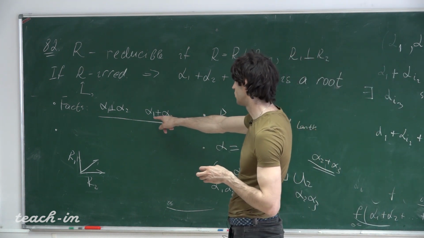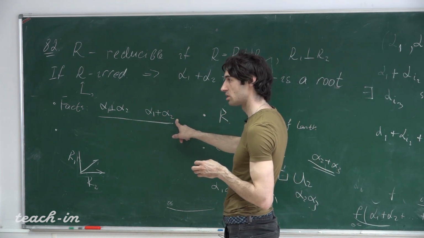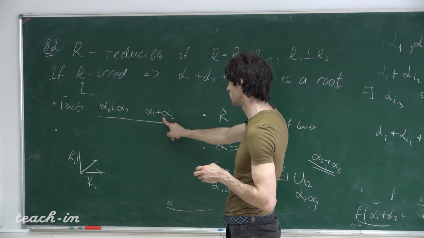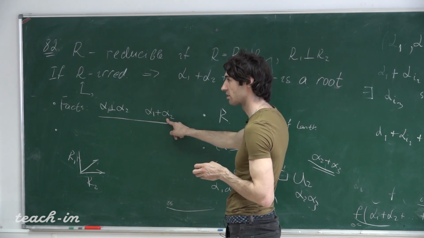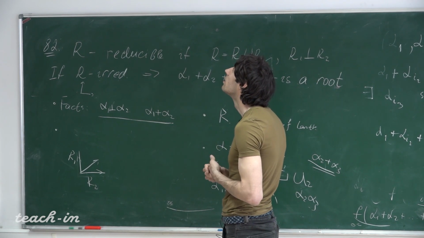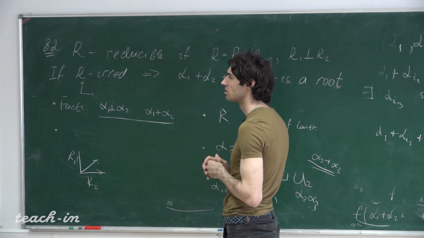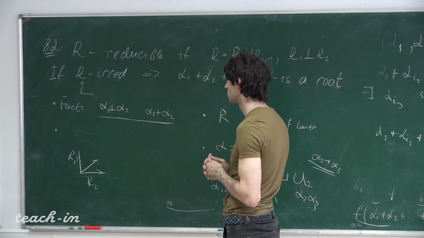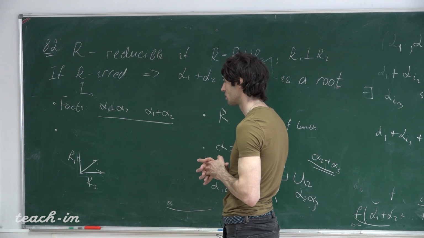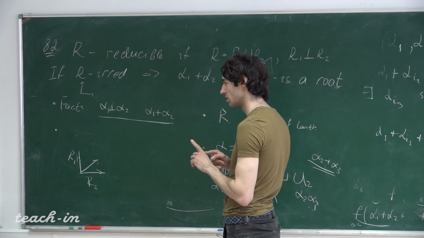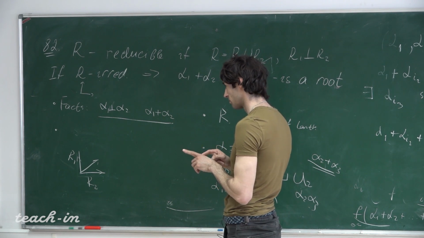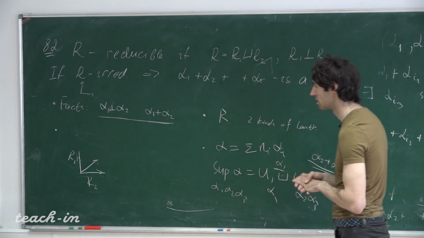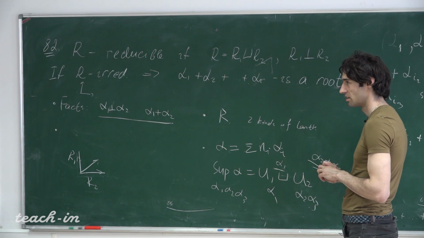So if I have alpha 1 and alpha 2, which are orthogonal, your fact actually includes that alpha 1 should be of the same length as alpha 2, right? Maybe you don't even need this. Is it true that we can reduce this condition that they should be of the same length? Yeah, I think you can do it without any considerations of length, right?